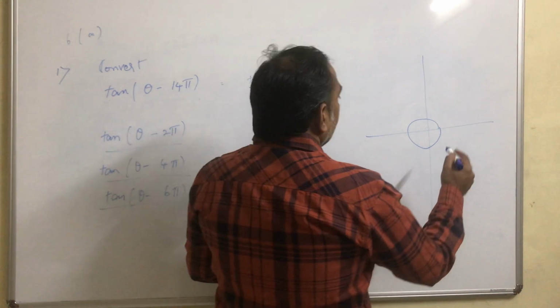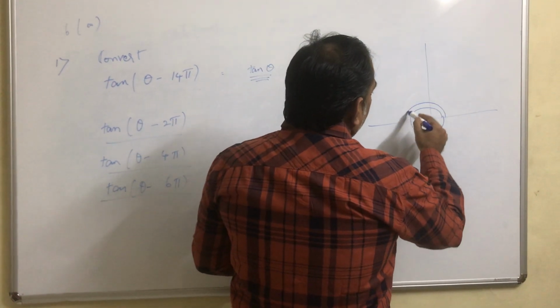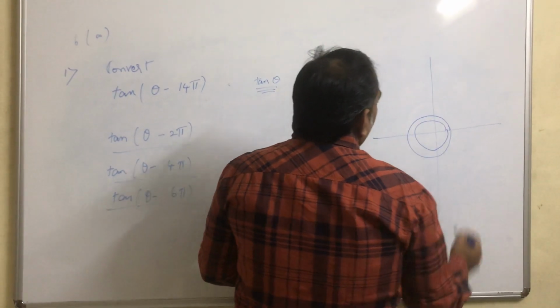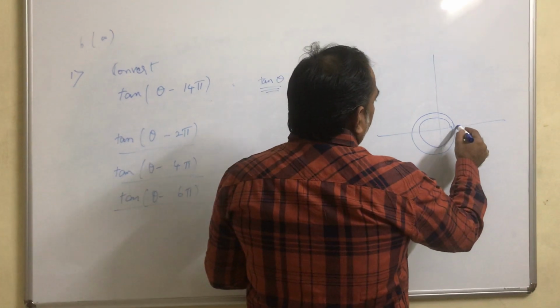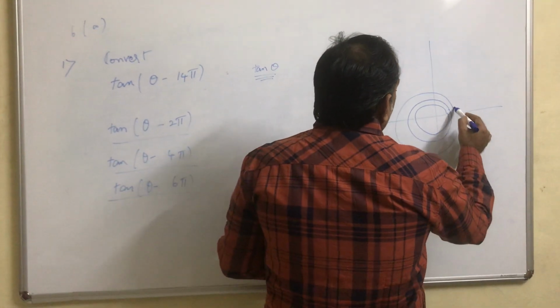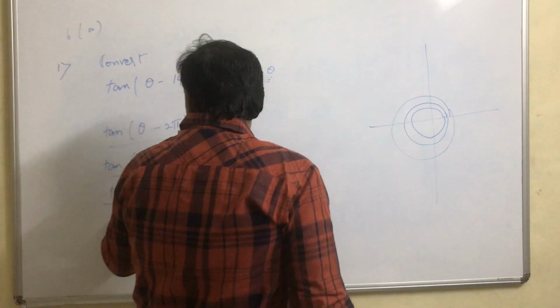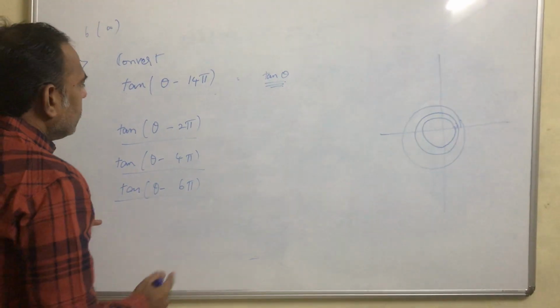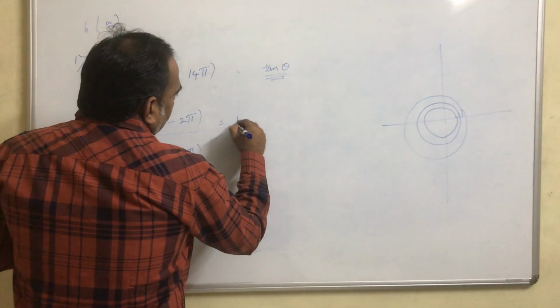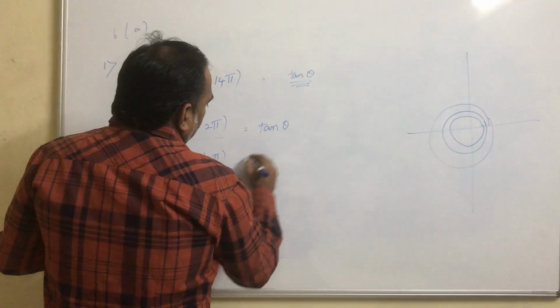If we make second rotation, we make an angle of 4 pi. If we make third rotation, we make an angle of 6 pi. That is the meaning. So for all these forms, the simplest form is tan theta.